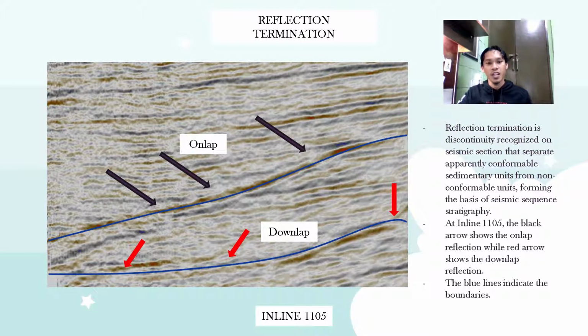And we can see at the inline 1105, the black arrow shows the onlap above the boundary, and the red arrow shows the downlap. And the blue lines indicate the boundary for this reflection termination.